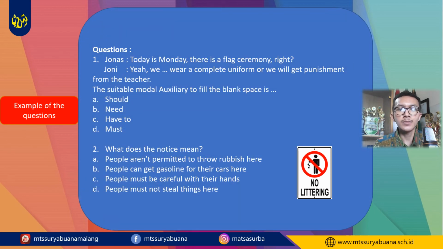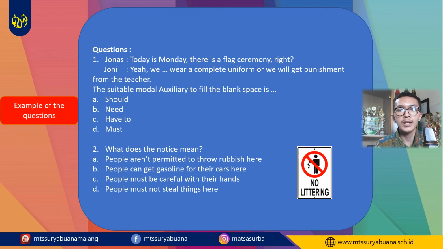As I said before, the form of the question is dialogue and also picture. The dialogue is between Jonas and Johnny. Today is Monday. There is a flag ceremony, right? Yeah, we blah blah blah wear a complete uniform or we will get punishment from the teacher. The suitable modal auxiliary to fill the blank space is blah blah blah.